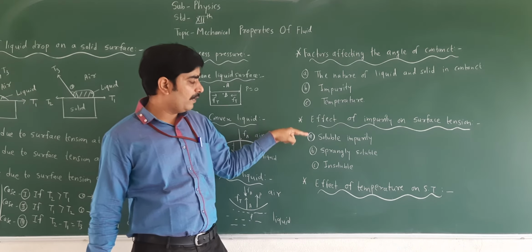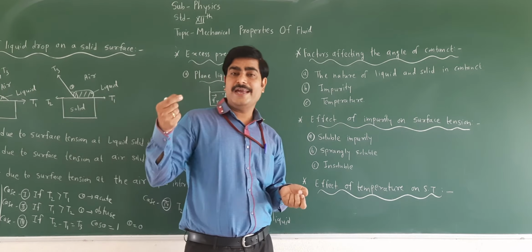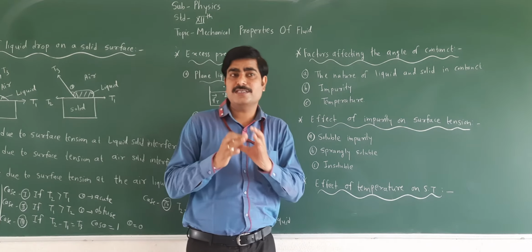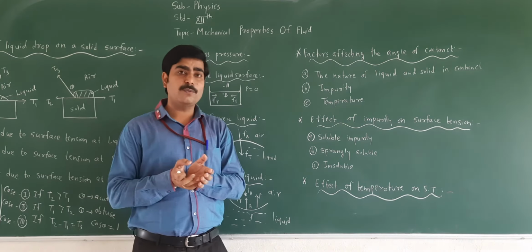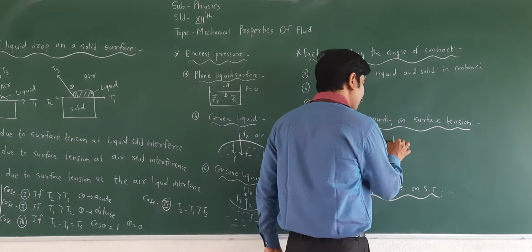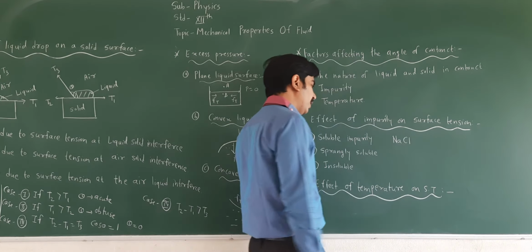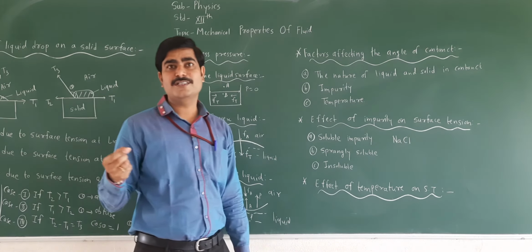First is the soluble impurity. What is the meaning of soluble impurity? If we add any material in water and it completely mixes in that water, then that is known as a soluble impurity. Here we are taking one example, NaCl, that is sodium chloride, or in simple words, salt.